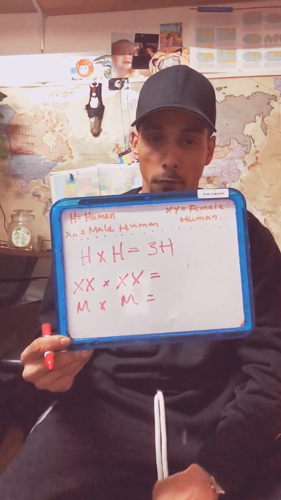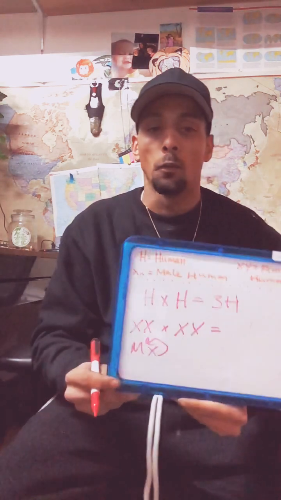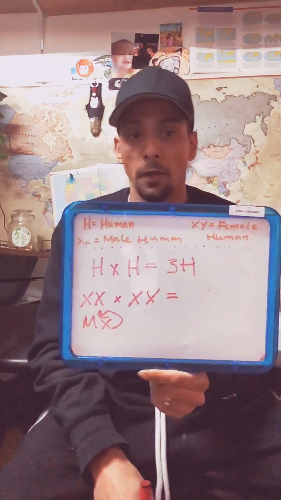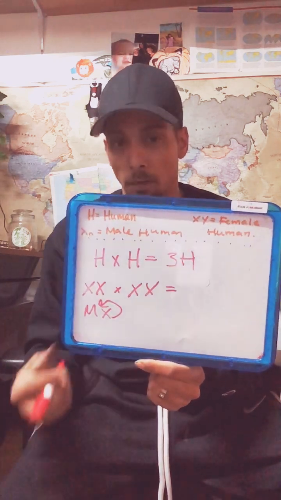A male times a male equals a male. Not possible. Not possible. Or people would say 1 times itself. Or a male times itself can't reproduce or multiply. Again, not possible.